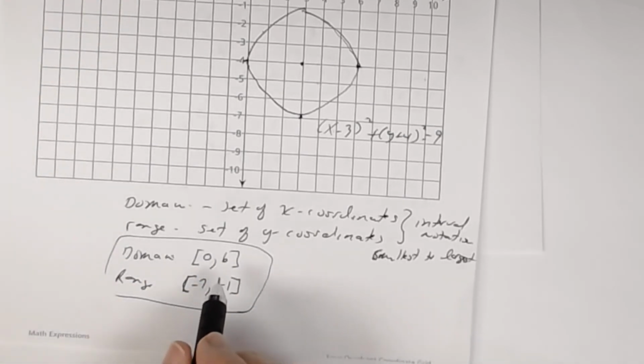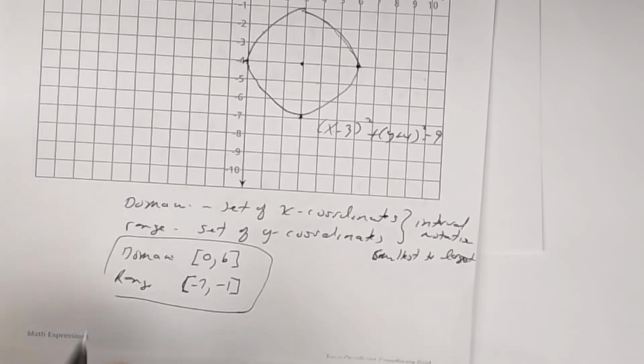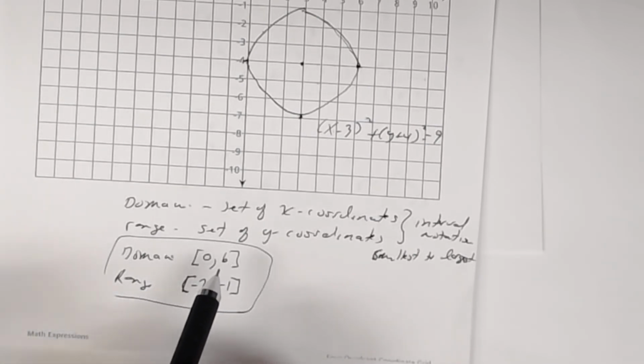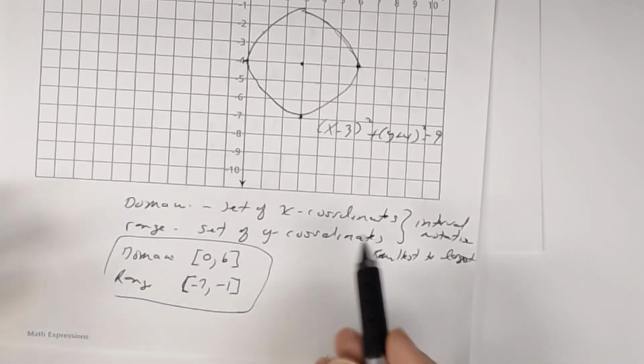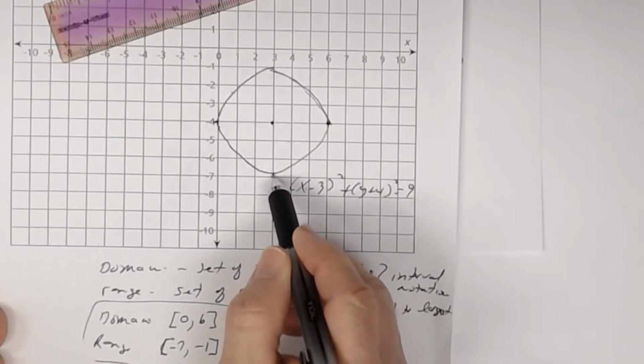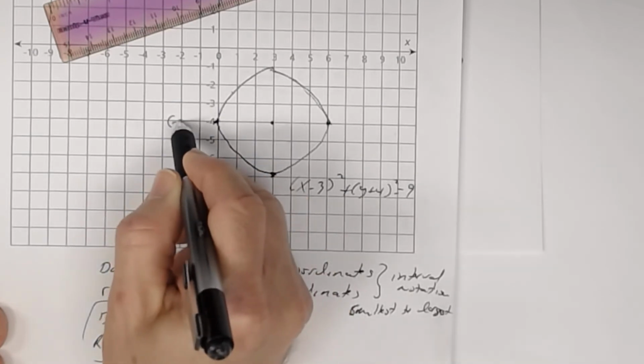Now, when we actually talk about functions in a couple of weeks, some of these will be parentheses. But for right now, when we do circles, you're going to put brackets. And we're going to talk about why later on in detail. But mainly it's brackets because -7 is on this graph. 0, see this is a point -4, 0 right here.